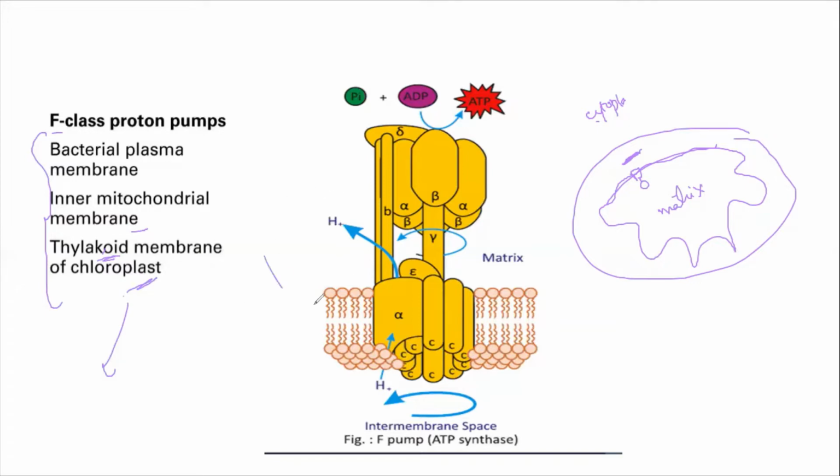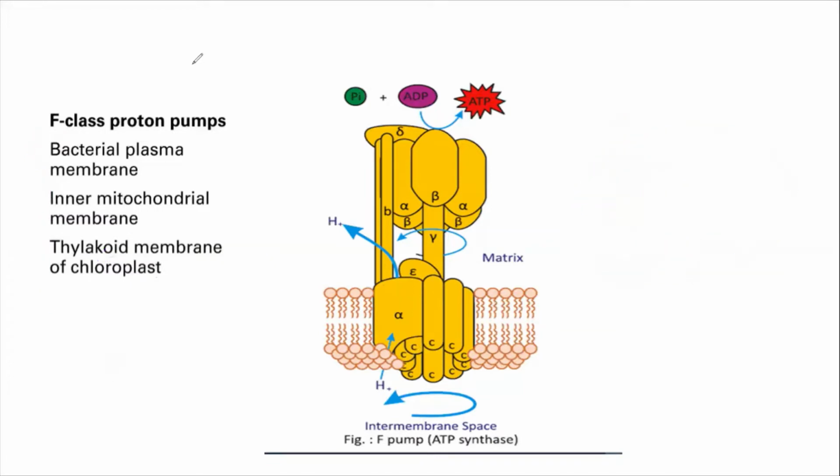Okay. So now what is happening here is you have got the membrane. Okay, this is a matrix, intermembrane space. So what we have seen is that when the proton gradient is formed, that is H+ here, if you remember, with the help of the complex 1, 2, 3, and 4, eventually what is happening?